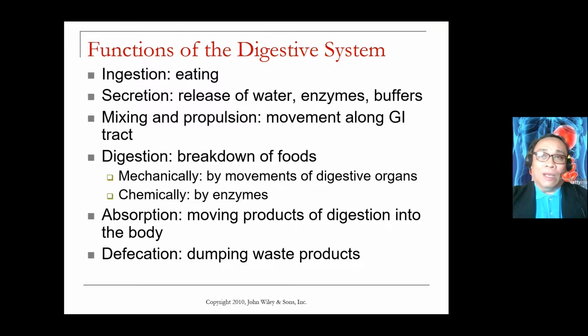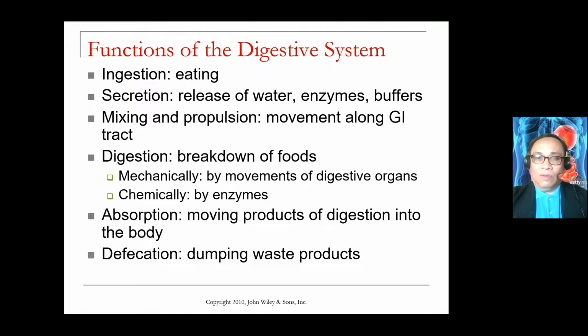While chemical breakdown is an activity of food breakdown facilitated by digestive enzymes. There are various enzymes secreted not only by the stomach but also by other accessory organs like the pancreas as well as portions of the small intestine.